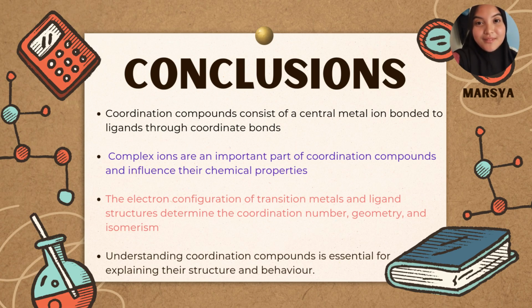Crucially, the electron configurations of those transition metals, combined with the structure of ligands, is what dictates the coordination number, the geometry, and the type of isomerism we observe. Ultimately, understanding coordination compounds is the key to explaining the complex structures and fascinating behaviors we see in inorganic chemistry.